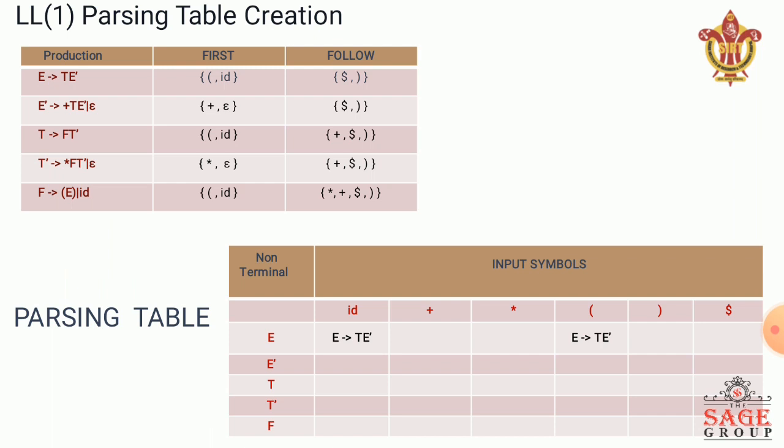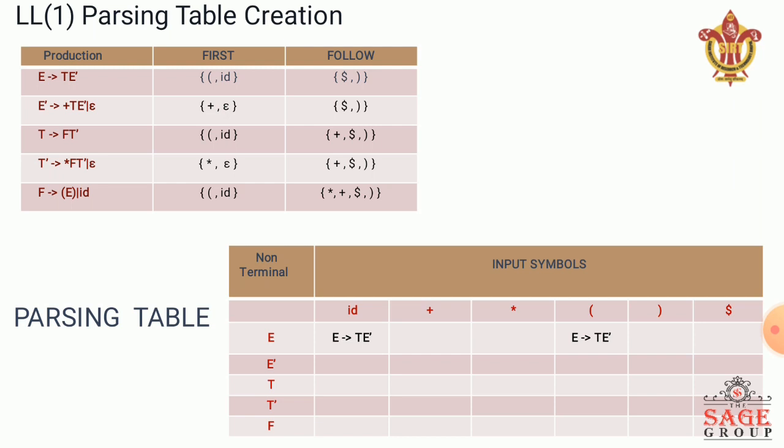In case of E produces T E dash, the row of E means which variable produces here, which is E, and the produced value is T E dash. So first of T E dash is opening and id. So this whole production is written in two columns: the row of E and the columns of id and opening bracket.